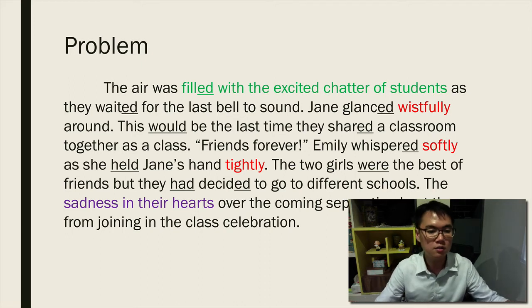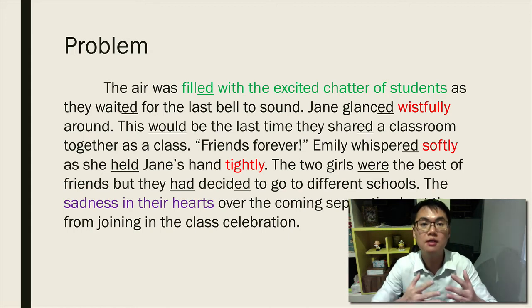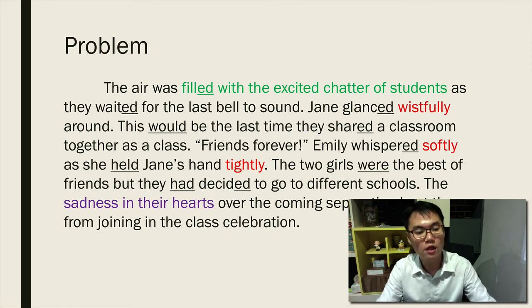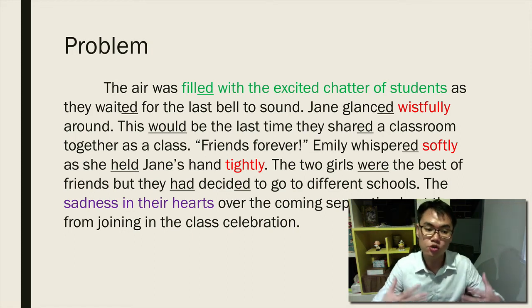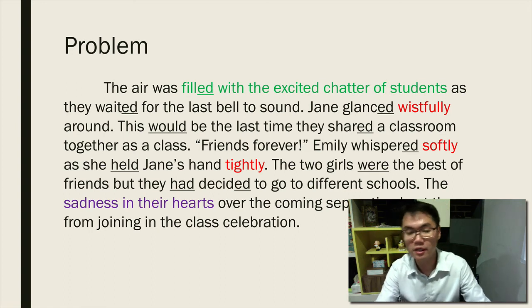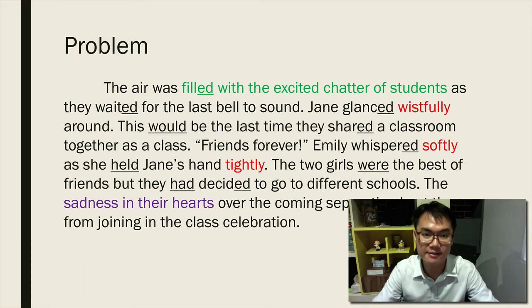But the 2 girls were feeling sad because they knew that they were about to be separated. They would no longer attend the same school. So this kept them from joining in the class celebration. So that's the problem. They were sad even though the entire class was really excited.